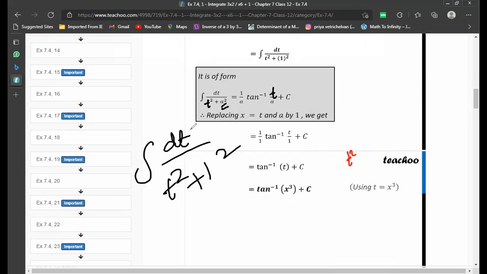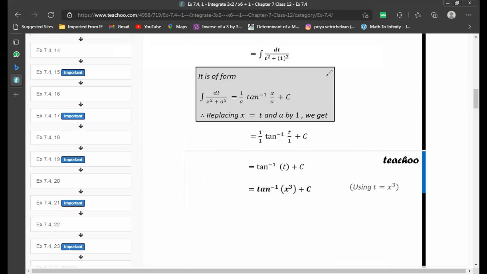So t is t and a is 1. Just replace a as 1 in this. So it will become 1 upon 1 tan inverse of t upon 1 plus c. 1 upon 1 is 1 only. Tan inverse of t by 1 can be written as tan inverse of t. Again, substitute the value of t as x cube in this. Tan inverse of x cube plus c is the answer.